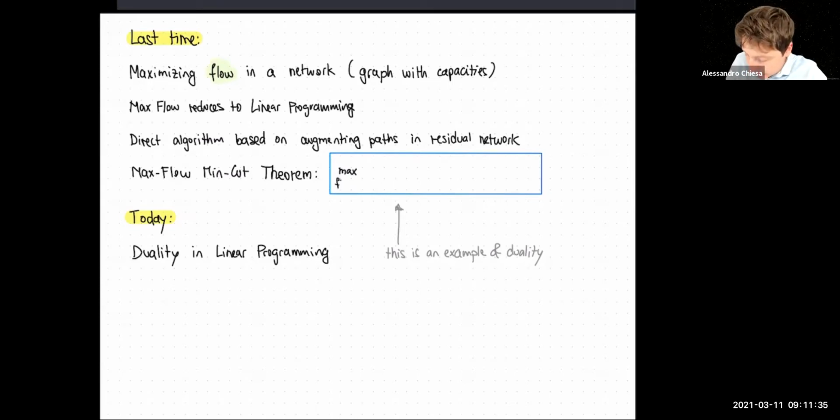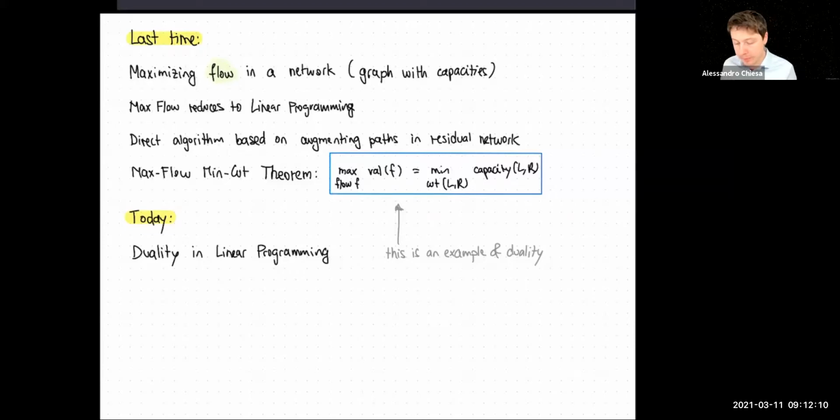So the max of the value of a flow in a network is equal to the minimum across all cuts of the capacity of the cut. And of course, both flows and cuts are taken with respect to the same s, t, right? So the same source and the same sink. A flow is always with respect to a source and a sink, and so is a cut, okay?